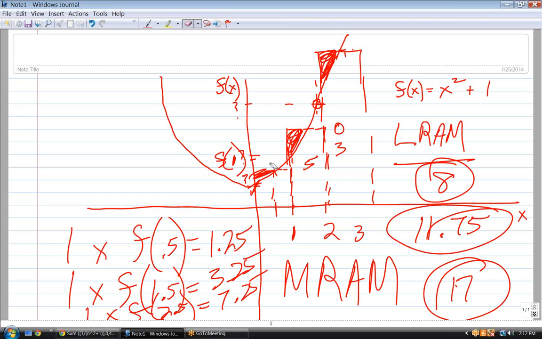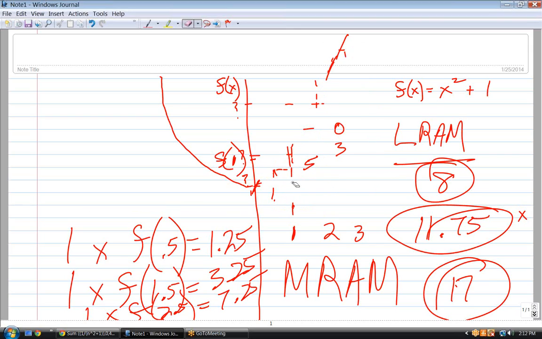Now, in future chapters, you'll learn that a better way to approximate it is if I use trapezoids instead of rectangles.